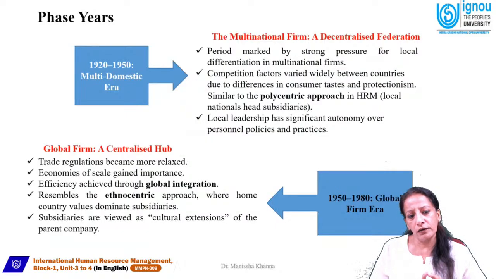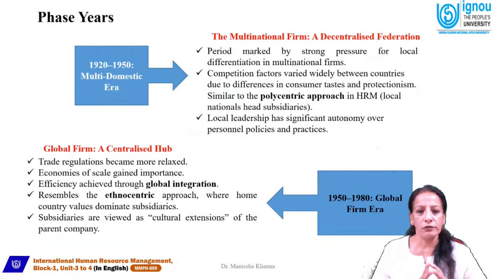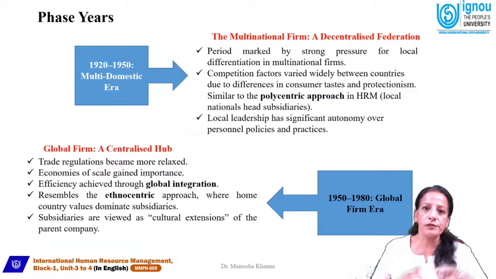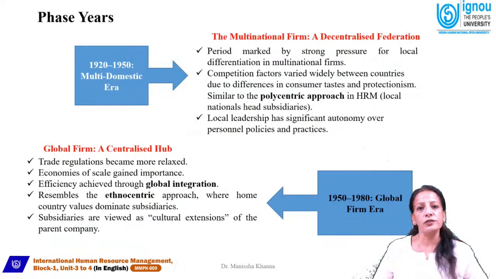The global firm era was mainly where the firm becomes a centralized hub. So here the efficiency is achieved through global integration. It resembles an ethnocentric approach, where the multinational's home country values dominate the subsidiaries.